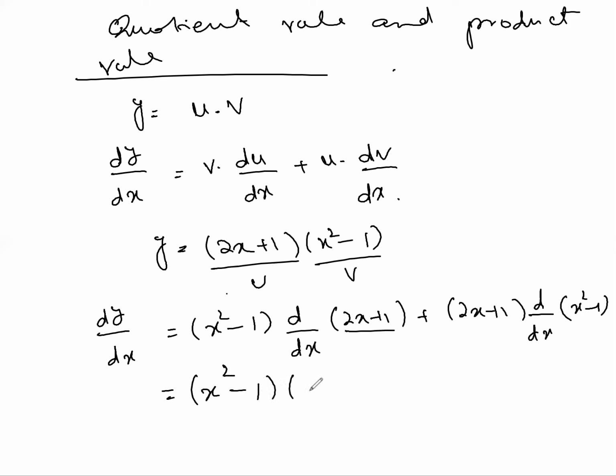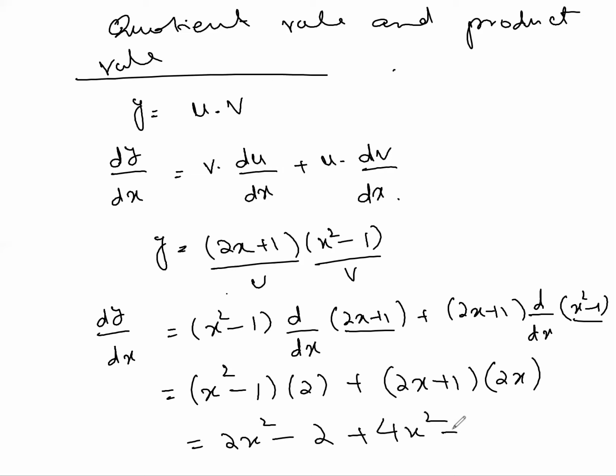Now the derivative of 2x plus 1 is 2, plus 2x plus 1. The derivative of this is 2x. You are done. If you want to solve it further, you can multiply 2 inside. It is 4x square plus 2x. So it is 6x square plus 2x minus 2. This is dy by dx.